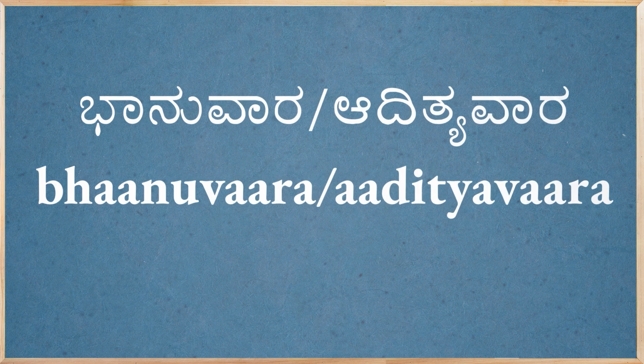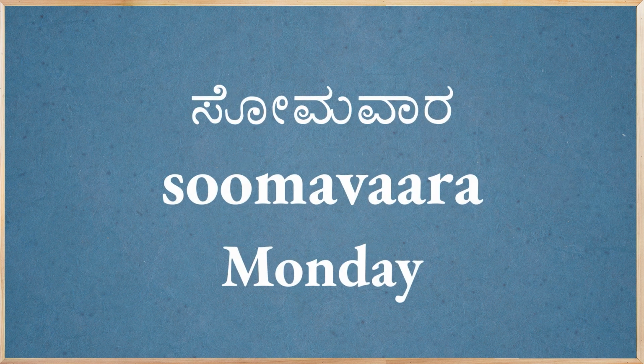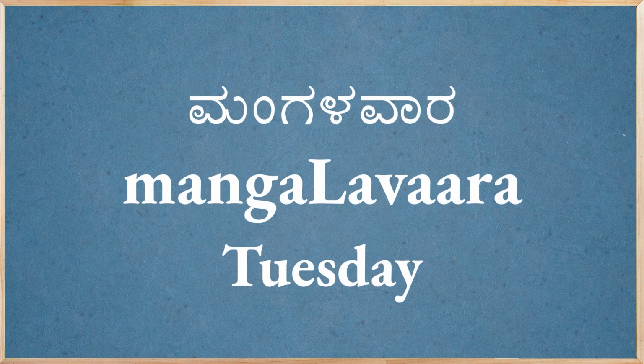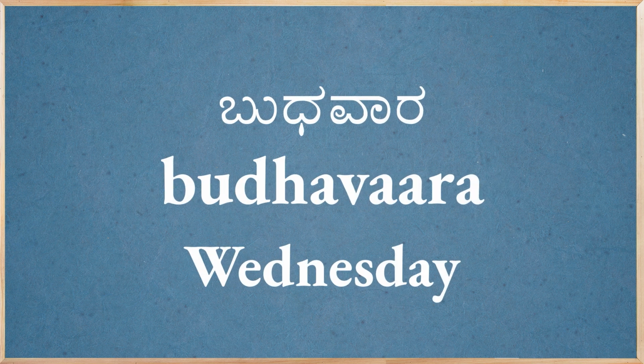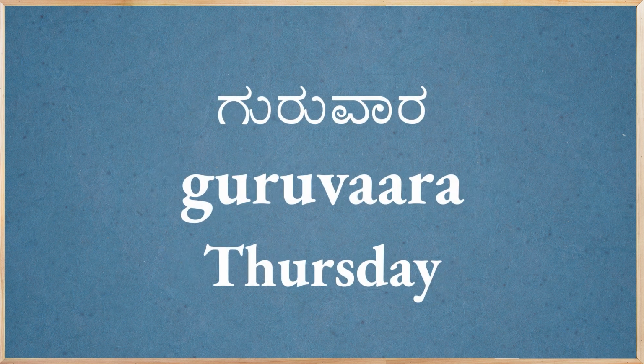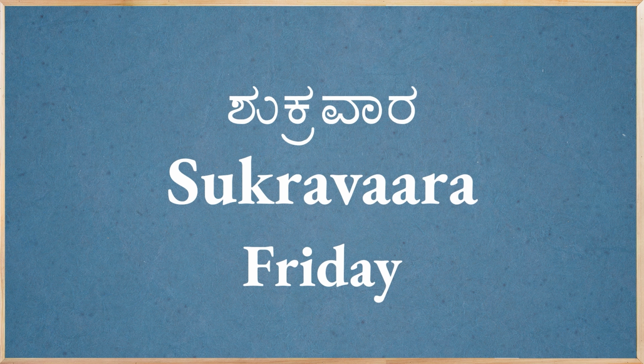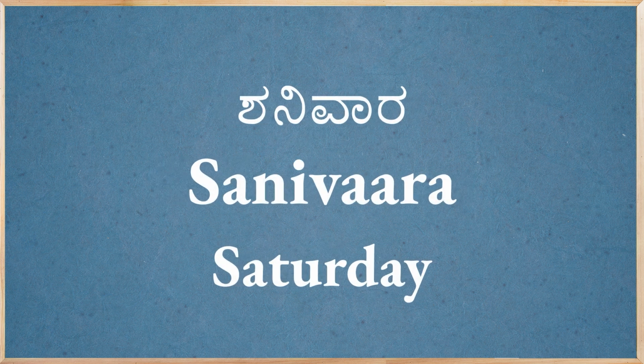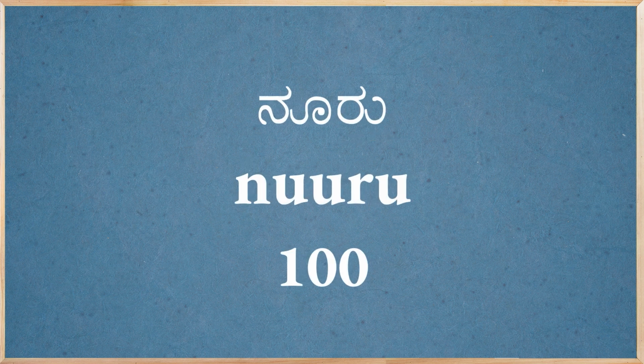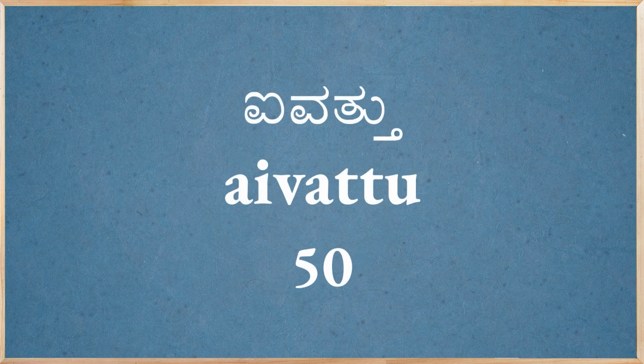Days of the week: ravivara or bhanuvara or adityavara for Sunday. Somavara, Monday. Mangalavara, Tuesday. Budhavara, Wednesday. Guruvara, Thursday. Shukravara, Friday. And shanivara for Saturday. Key vocabulary highlights. Numbers, as I already told, 10, 100, 50.